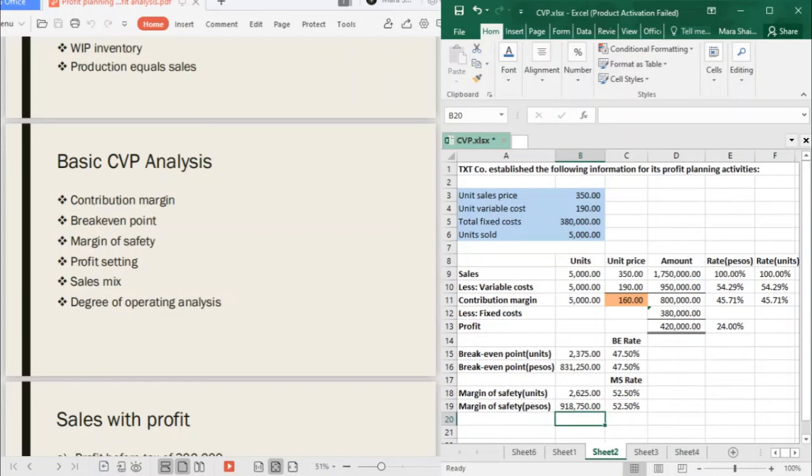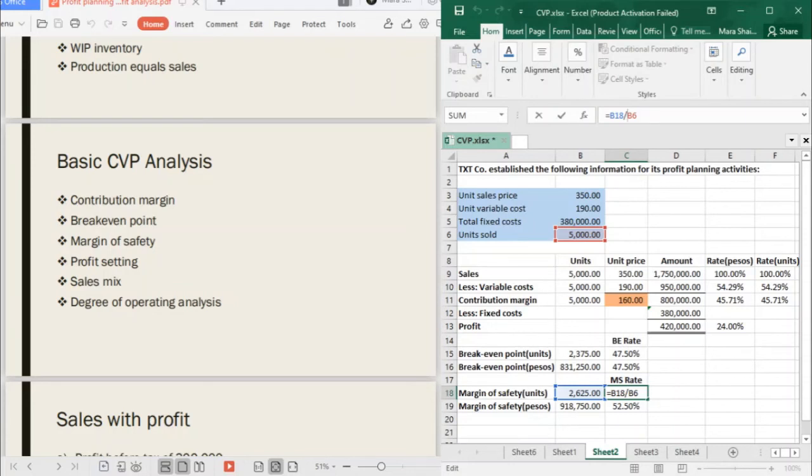Now, how do you get your margin of safety rate? Again, our 100% for the rate is the sales. So, our MSR is simply our margin of safety, whether in units or in peso, divided by the sales, either in units or peso.